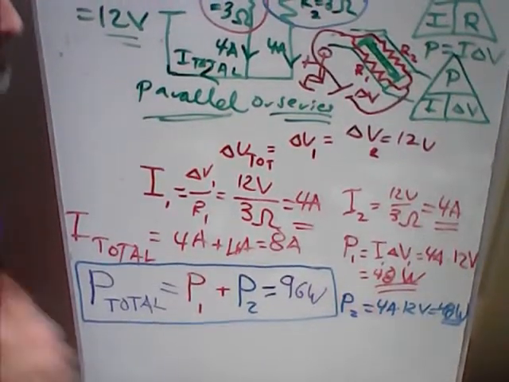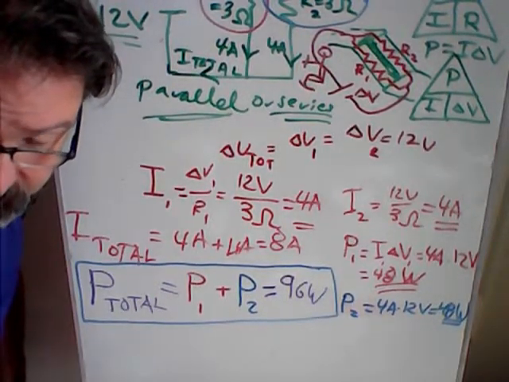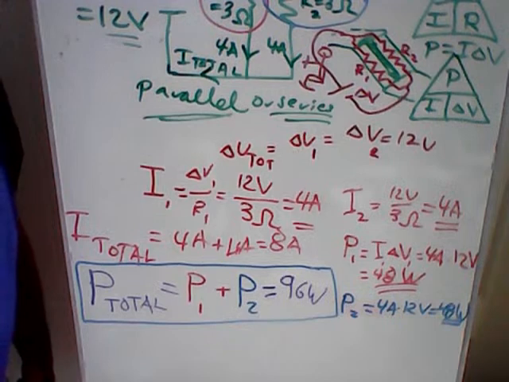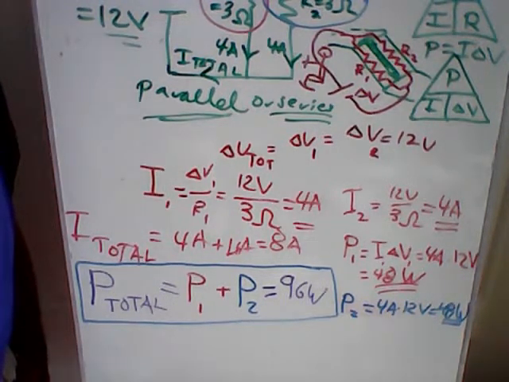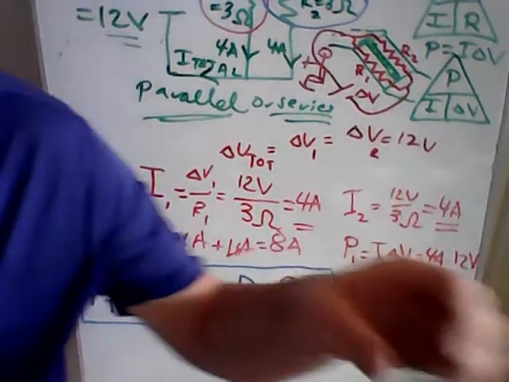Either approach is appropriate, and of course then we could figure out how it's split between R1 and R2, and each one of those is using up 48 watts. Okay, cool. So I'm glad we got through that.